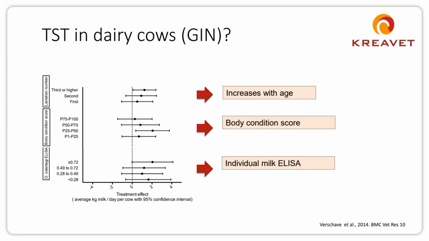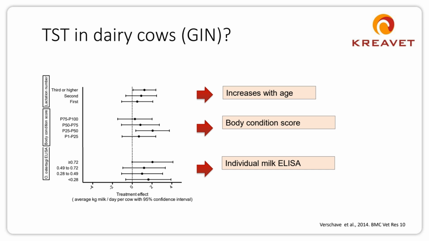Also, this is just one study, for instance, where we looked at the effect on milk production of anthelmintic treatment at calving. This is in Flanders, but we saw, for instance, the effect of treatment was higher in third or higher lactation animals than in first lactation animals.